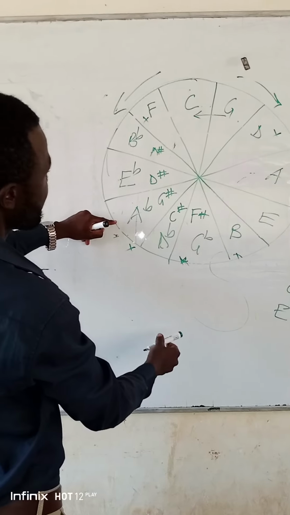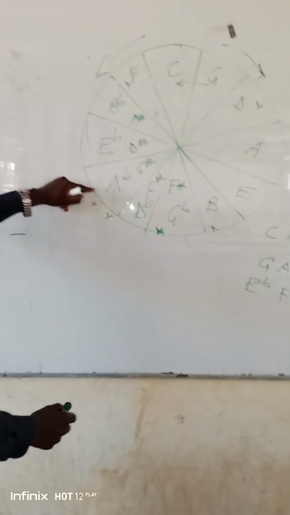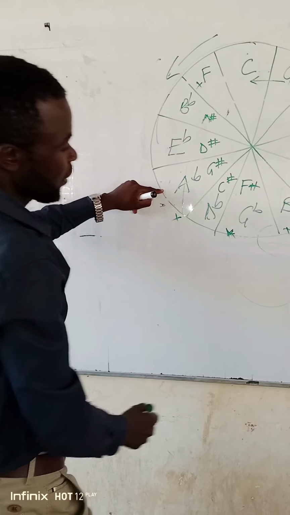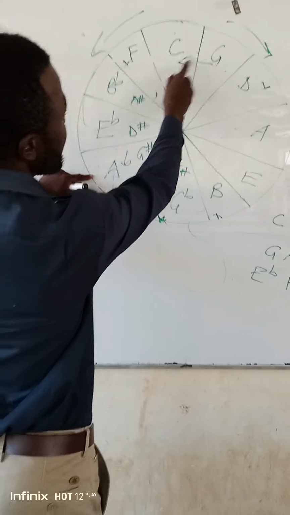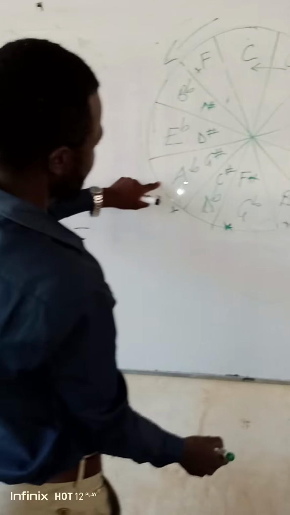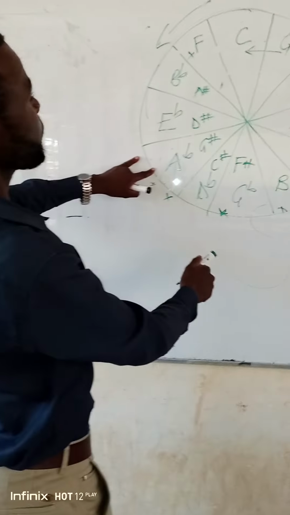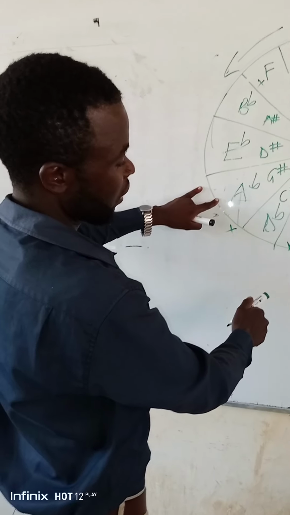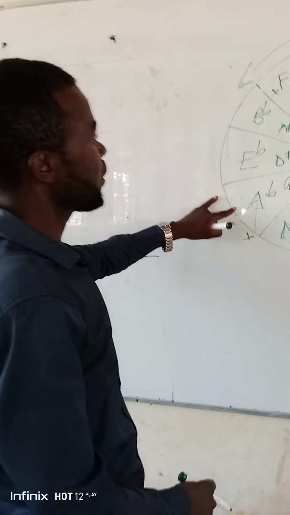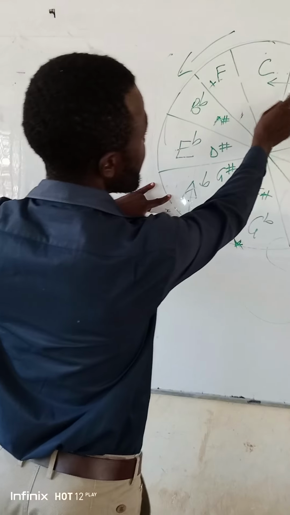F, after F, go to G. After G, you go to D. 1, 2, 3, 4, 5, 6, 7. After D, you go to here. 1, 2, 3, 4, 5, 6, 7.